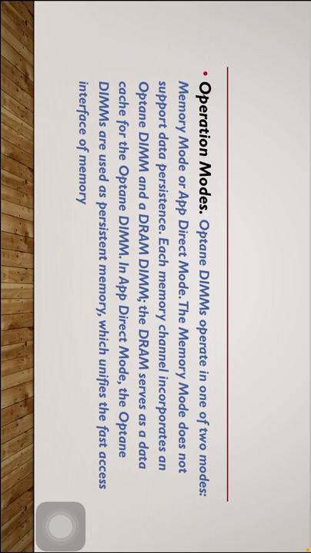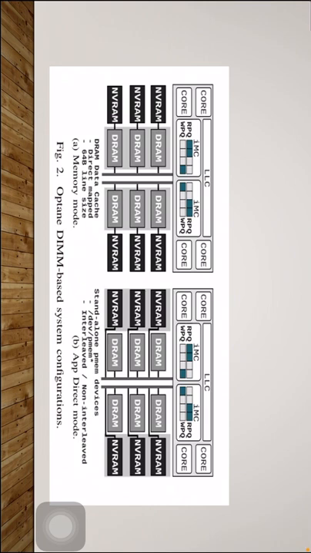In app direct mode, the Optane DIMMs are used as persistent memory, which unifies the fast access interface of memory.